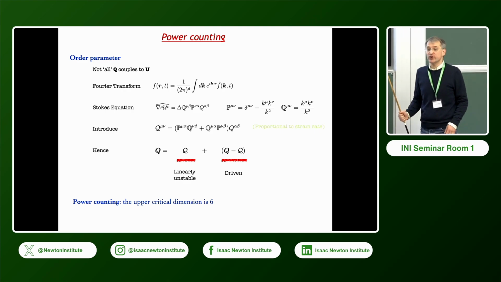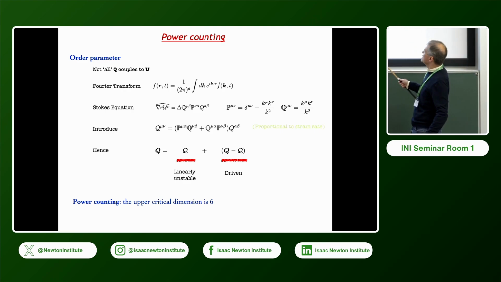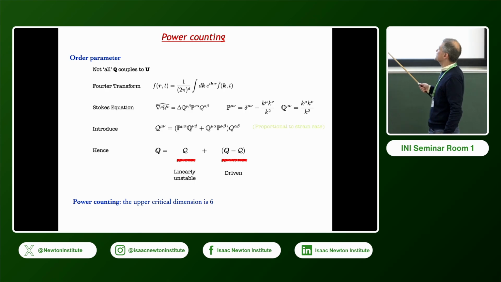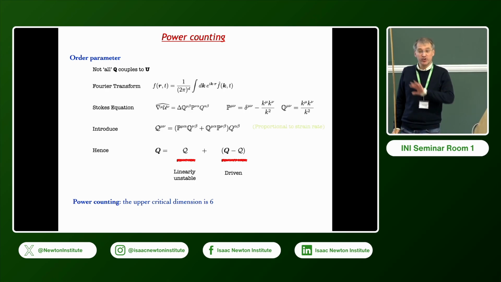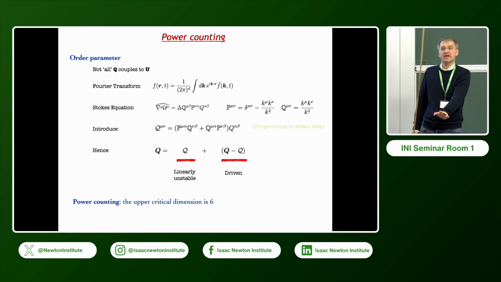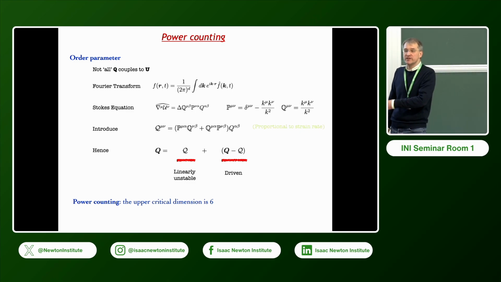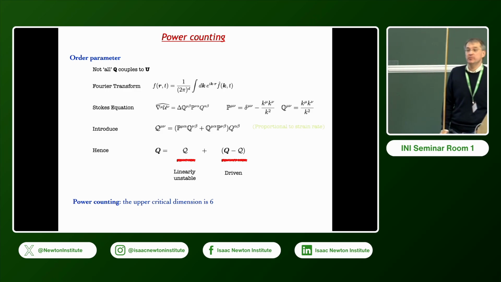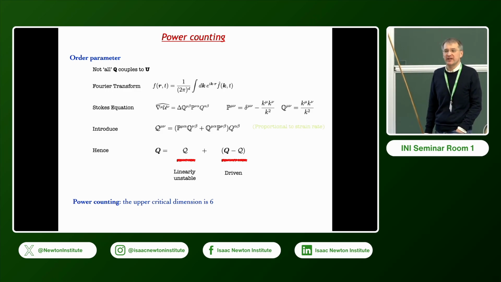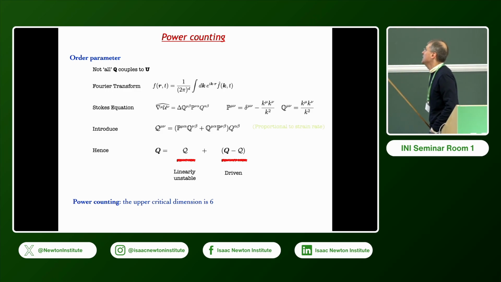And so to lowest order, you might want just to look at the dynamics of the curly Q, so the bit that couples to the velocity. And this should be true below the onset of the instability. Above the onset, you might want to keep everything but the polarization, but we decided just to do something different, and I'll talk about this in a second.